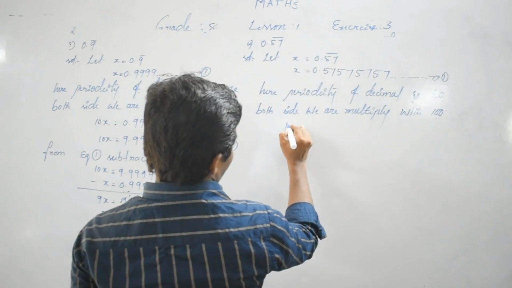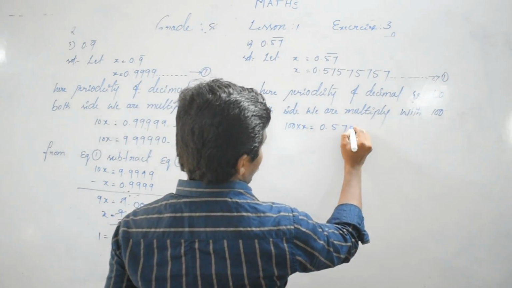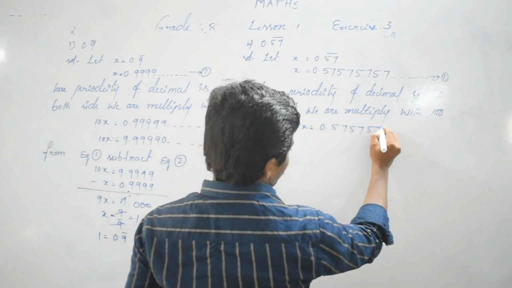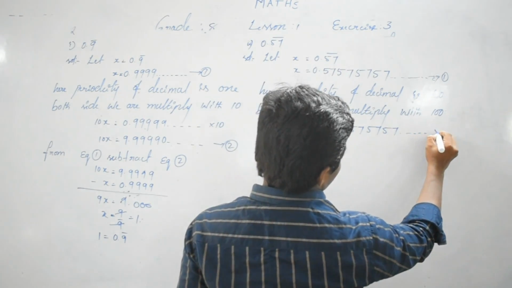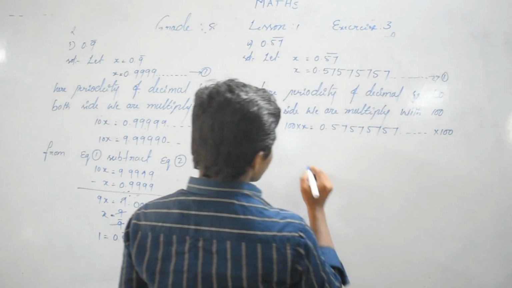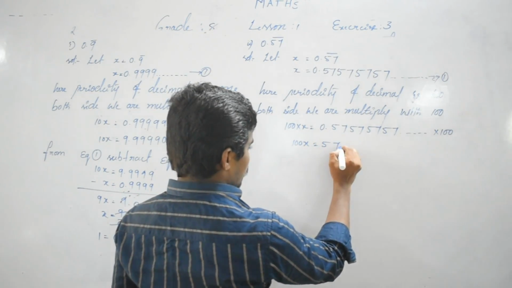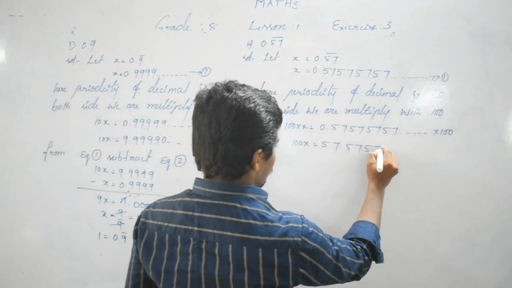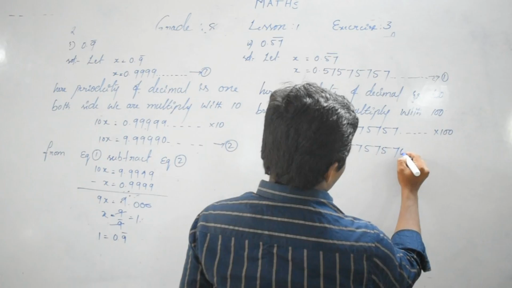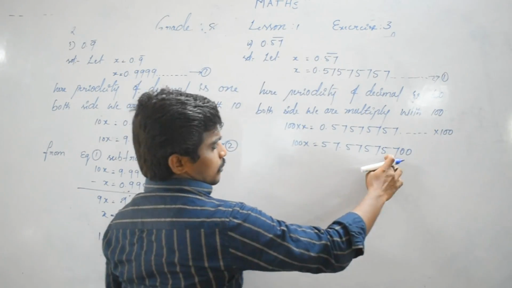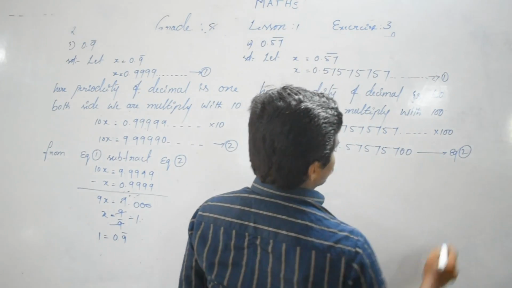So here 100 into x equals 57.57 bar. This is equation 2.